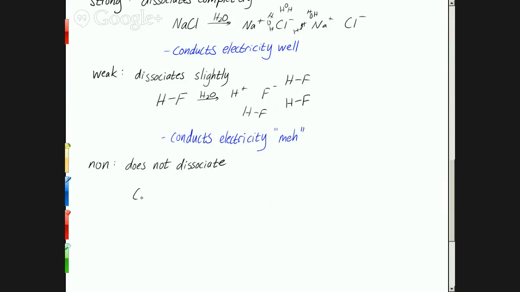Here, table sugar is C12H22O11, right? So you take solid sugar and you put it in water, you make sugar solution.